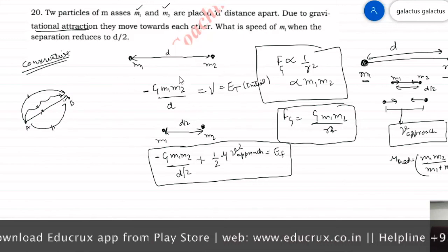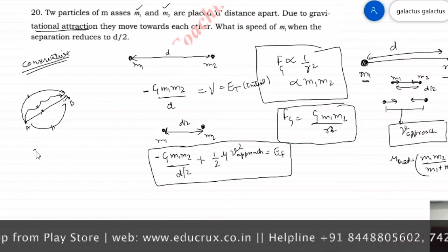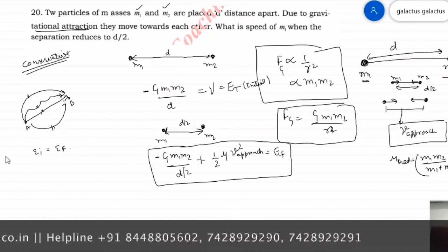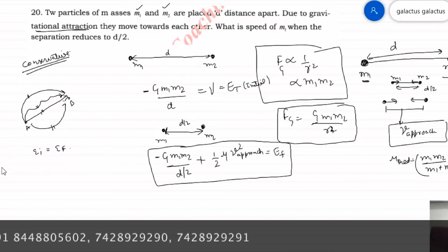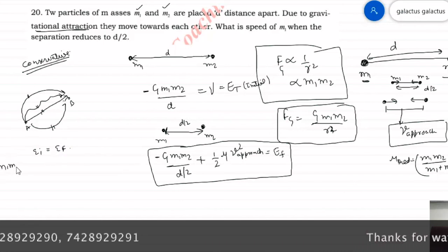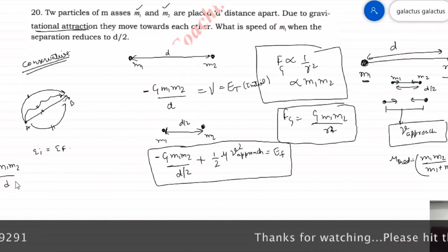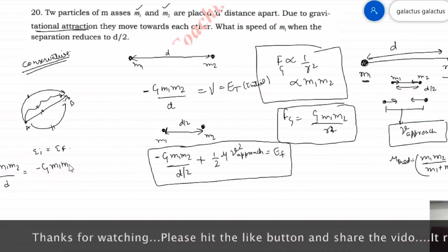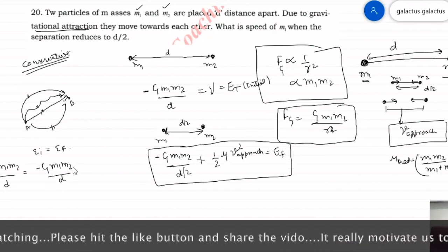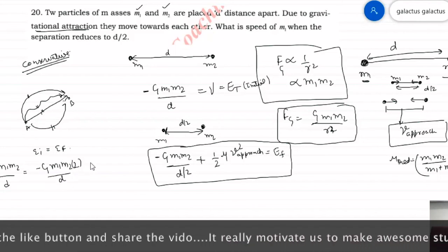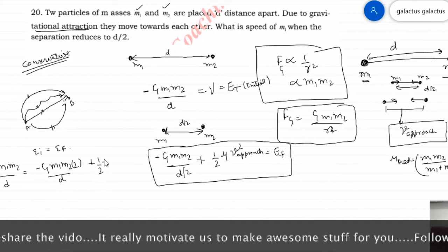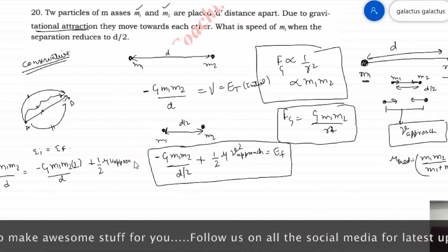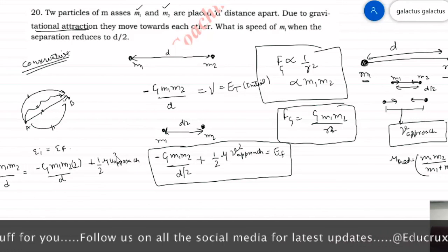So if the force is conservative, I can equate energy initial equal to energy final. So my equation will be minus G m1 into m2 upon d is equal to minus G m1 into m2 upon d into 2 plus half mu v approach square.